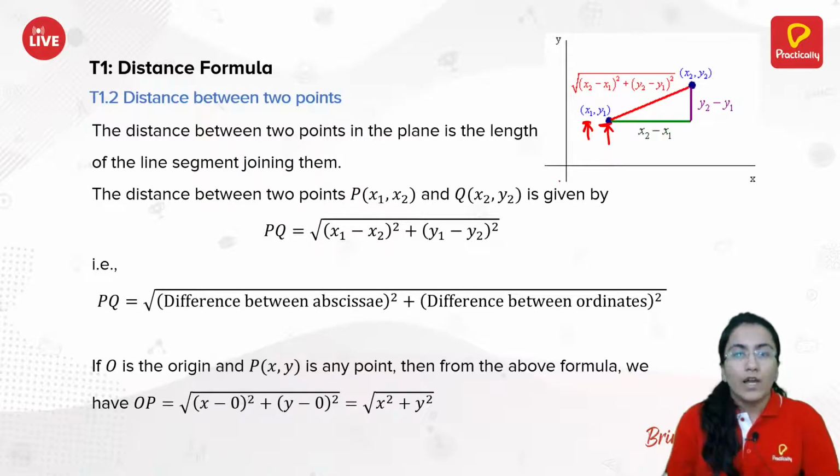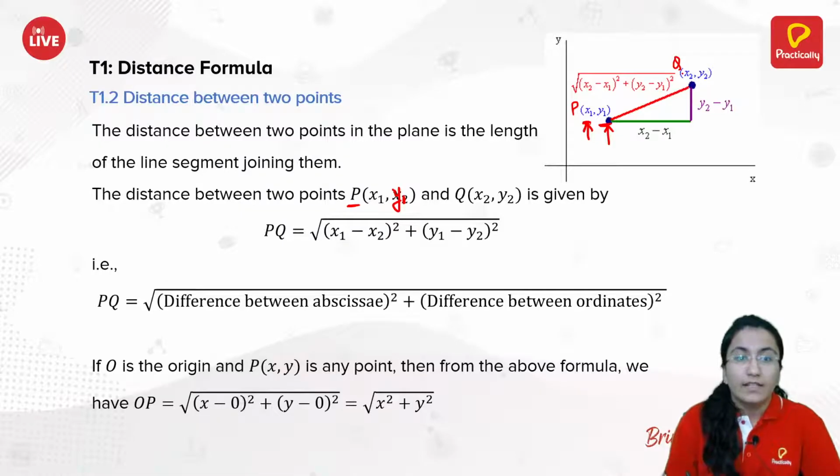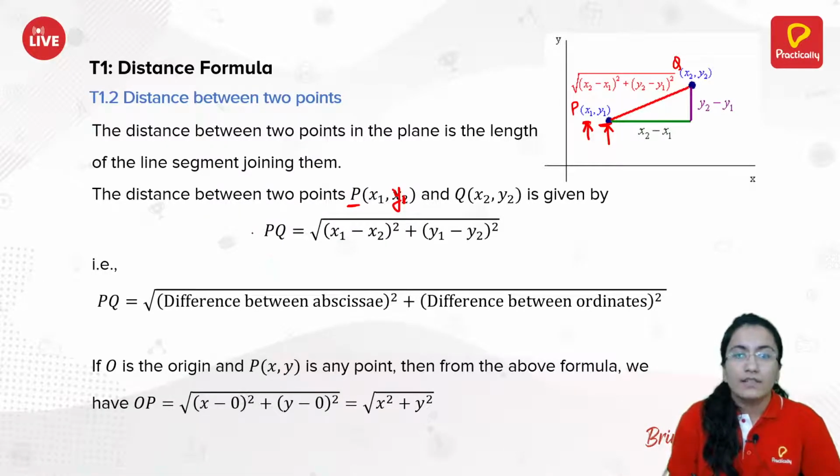So if you have 2 points P and Q, where P is x1 comma y1 and Q is x2 comma y2, right? The distance between these points can be measured using this formula.